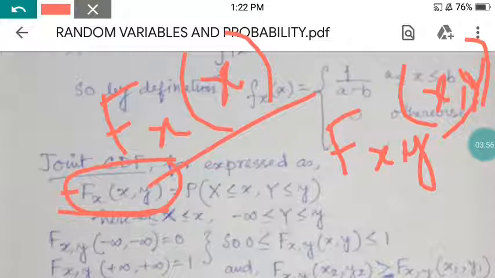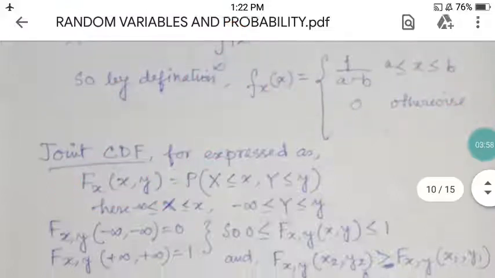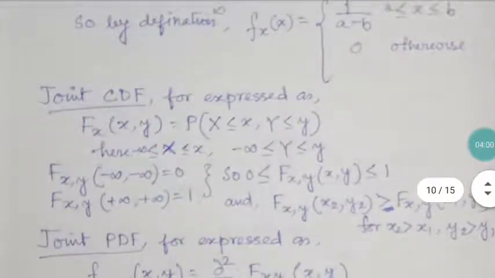In the next part we can see that F of XY lies between 0 and 1.